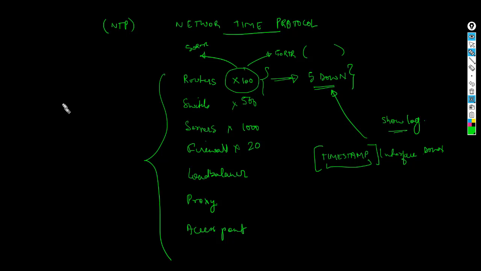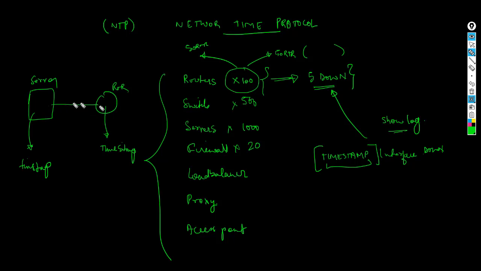Let's say this is your server and you have a router, and this router is following some different timestamp than the other. If you're trying to troubleshoot, looking at the logs, what time it went down, what time it came up, what time the routing protocol tried to converge, you will see the timestamps are different.